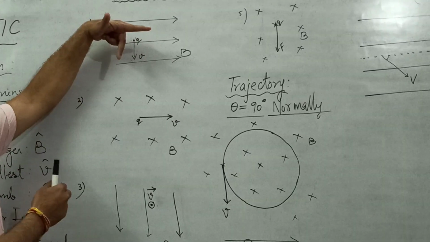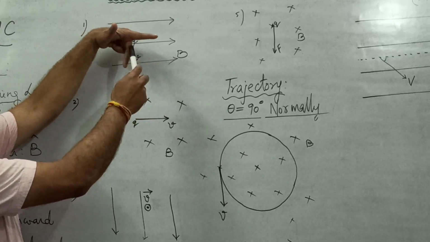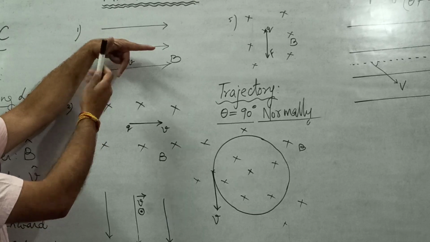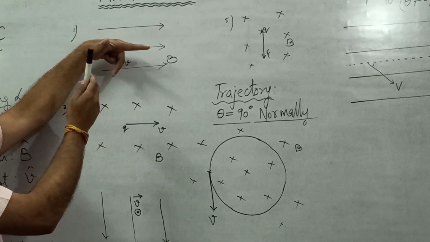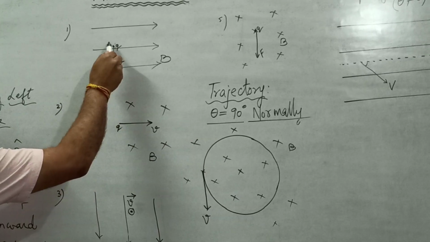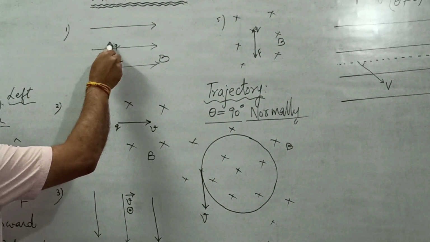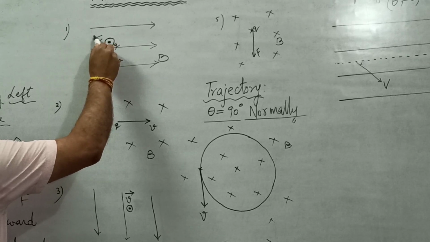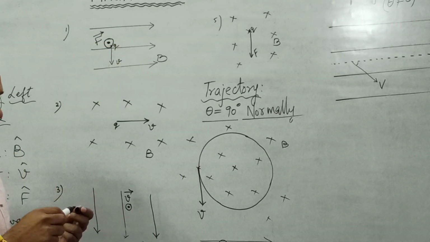Magnetic field towards right, velocity downward. So where is the thumb? The thumb is coming out, perpendicular outward, out of the plane of this board. So the direction of force over this charge is going to be a dot. Dot means perpendicular outward.